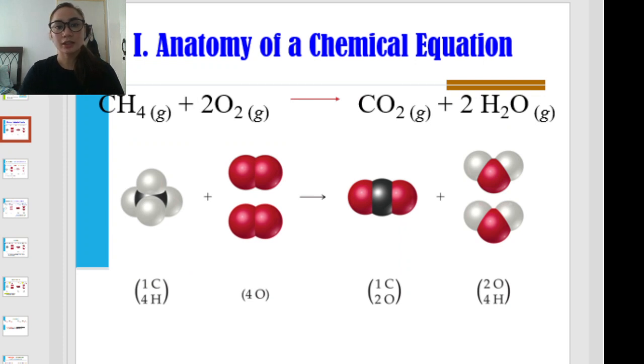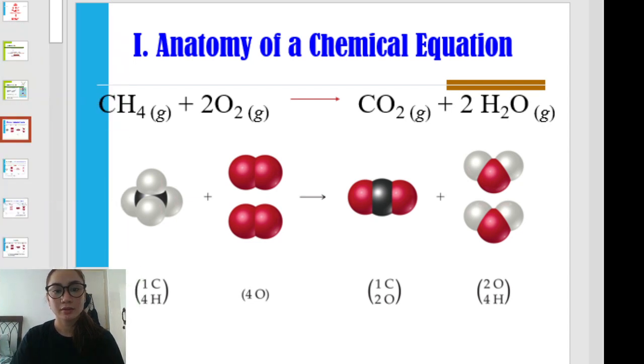So let's look at the anatomy of a chemical equation. Okay. So here we have CH4 with 2 oxygen atoms, plus, reacts to make carbon dioxide, which is CO2, plus 2 water molecules or H2O.